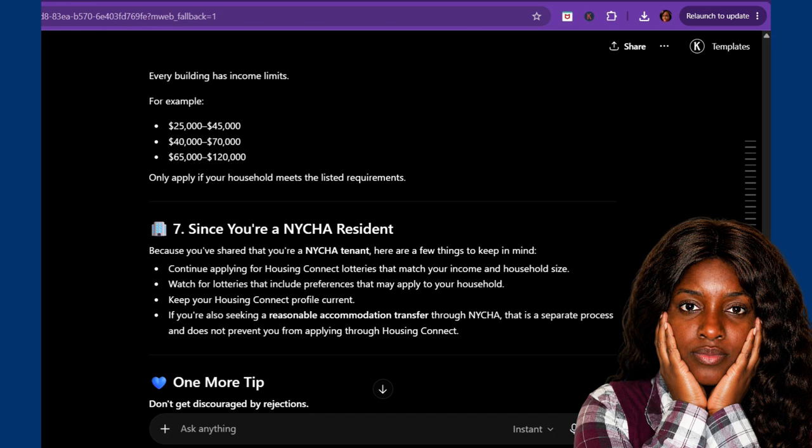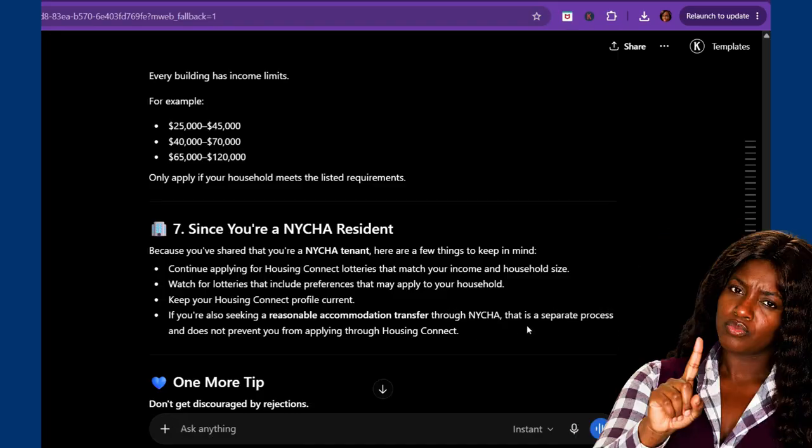Watch for lotteries that include preferences that may apply to your household, like your income, definitely. Keep your Housing Connect profile current, okay? Don't let it get too dated unless you're just not interested anymore. If you are also seeking a reasonable accommodation transfer through NYCHA, that is a separate process and does not prevent you from applying through Housing Connect.